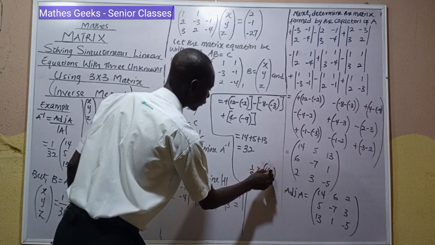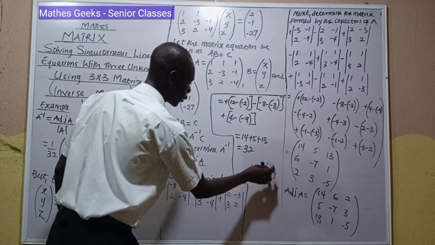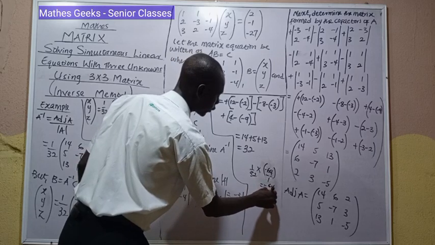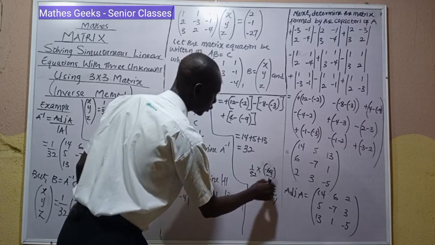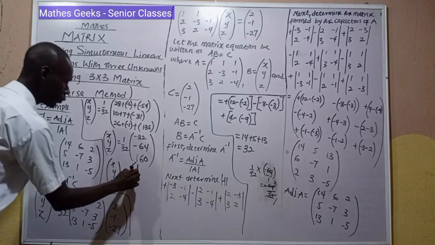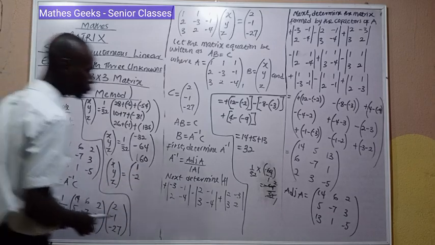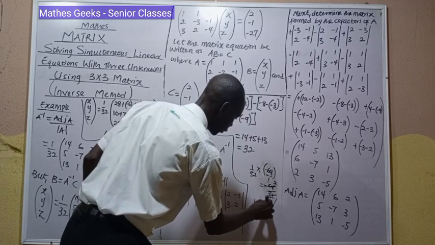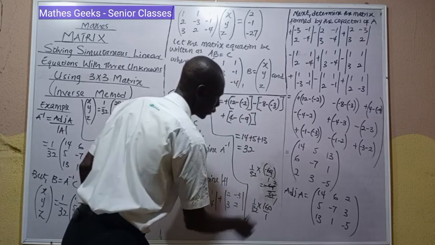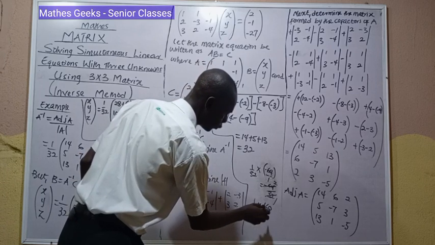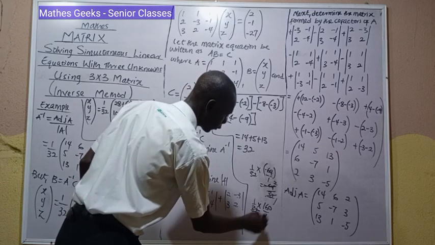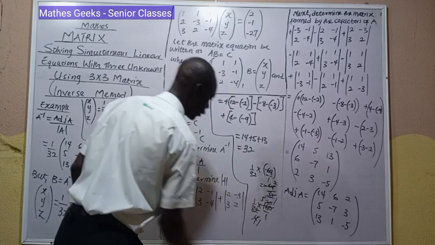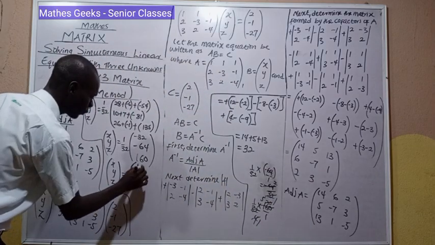So minus 64 multiplied by 1 is minus 64 over 32. 32 into 64 is 2, so that's minus 2. And here 1 over 32 times 160 over 1: 32 and 160 reduce to 1 and 5, so here is 5.